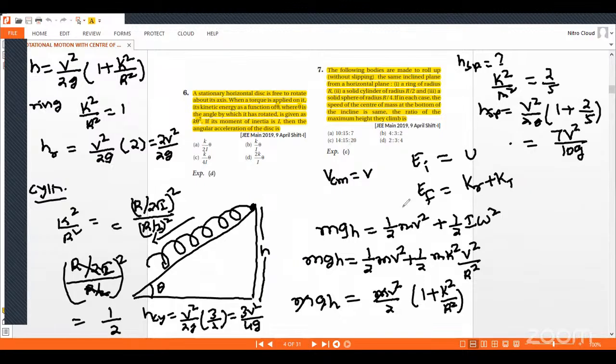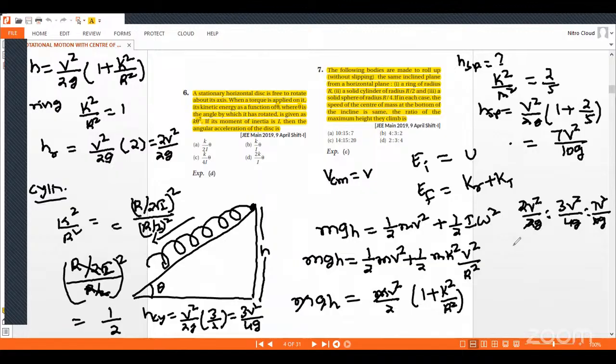Now we'll put the ratio: 2v square by 2g is to 3v square by 4g is to 7v square by 10g. In every term, v square by g we take common. The 2 cancels.